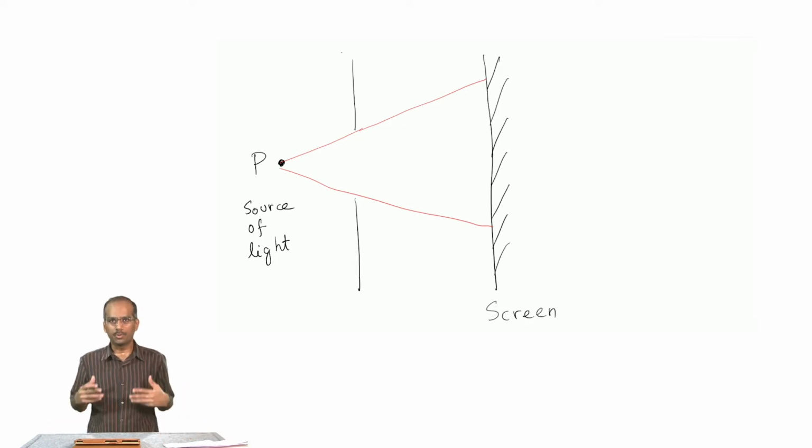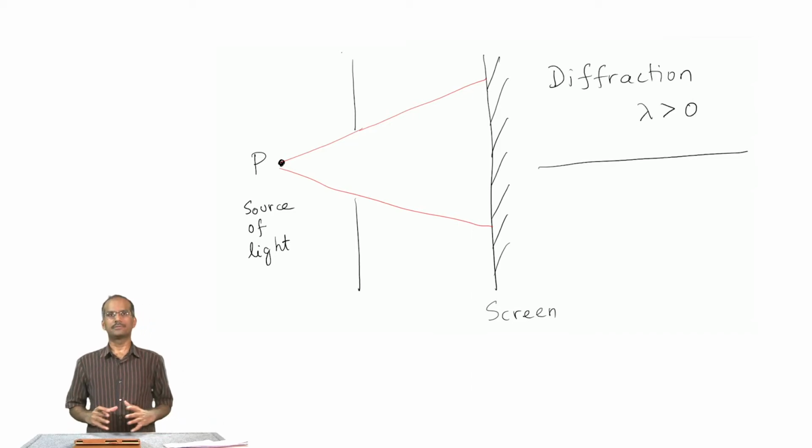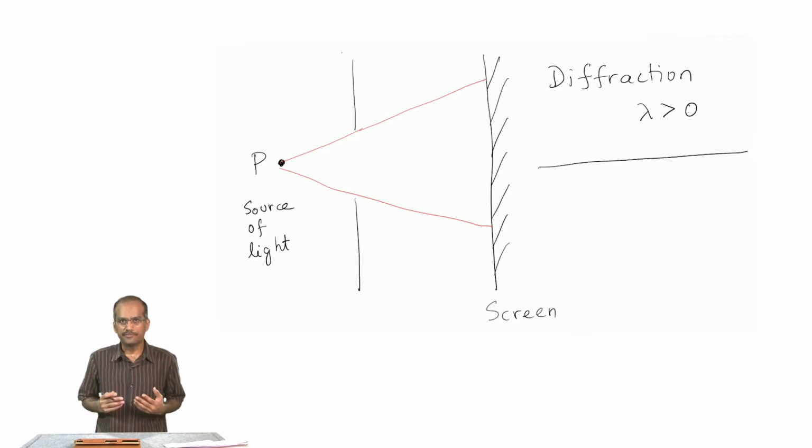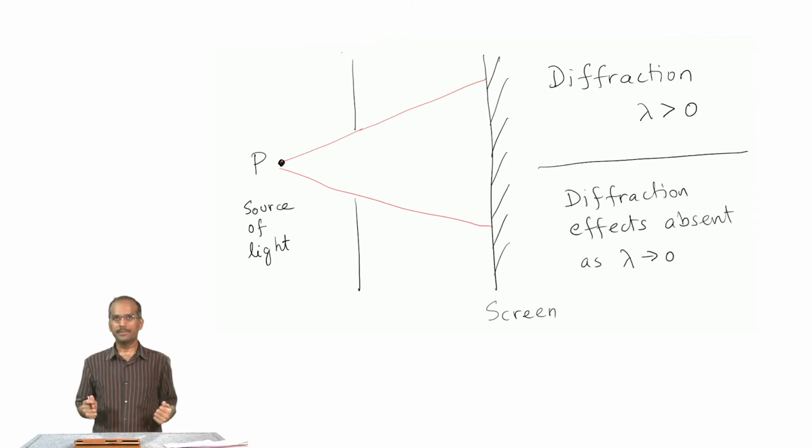So, we need to go to a limit where we will not be able to see the effects of diffraction. In other words, the conclusion is that you will see effects of diffraction whenever lambda is larger than 0. So, in the limit of lambda tending to 0, even if you make the aperture sufficiently small, you will not see diffraction effects.